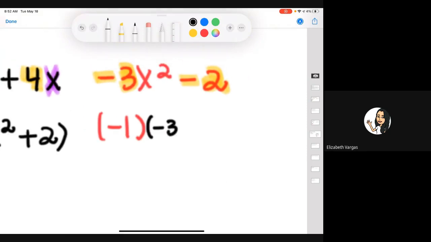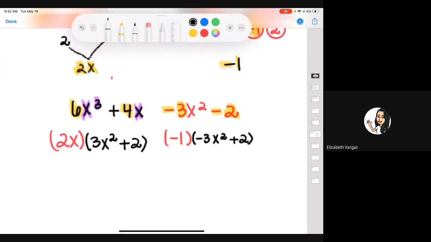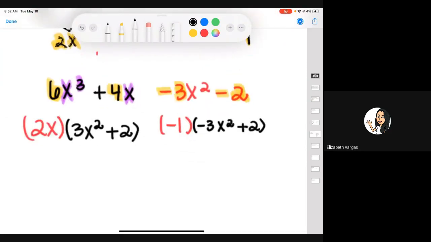Now this side, I need a negative 3. This one doesn't have an x, but this one does, so I need to include the x squared. And here I have a negative 1 and I have a negative 2, so plus 2. Again, what I'm doing here is trying to identify what I need to multiply together to give me this expression.